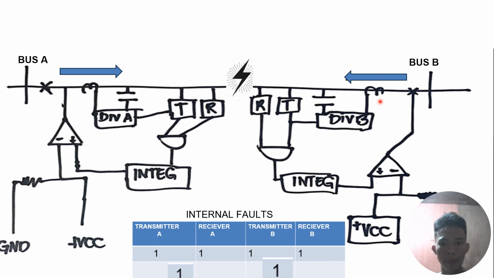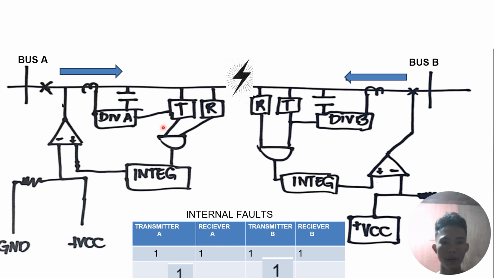Now, relay B will detect that type of fault because it is flowing in the same direction. So the transmitter here will have an output of 1, and it will be sent to the receiver of relay A, which is 1.